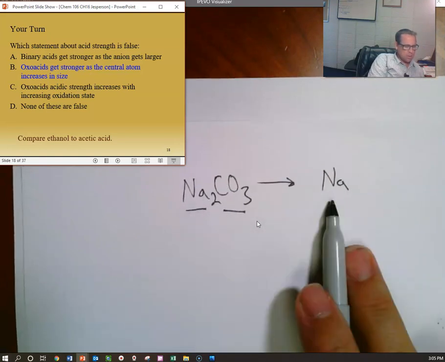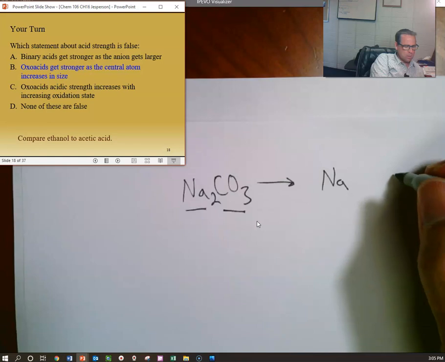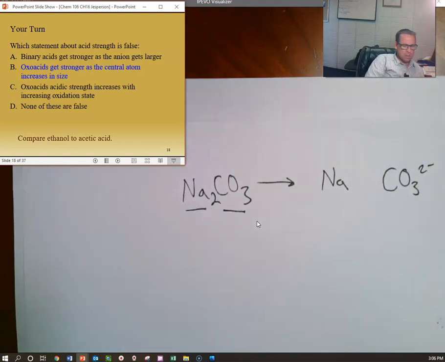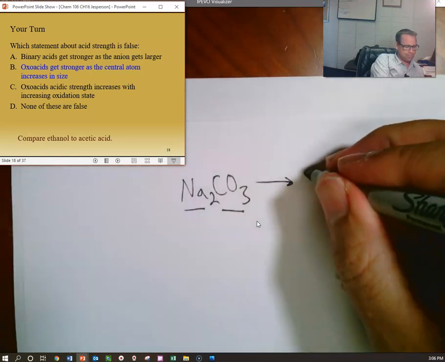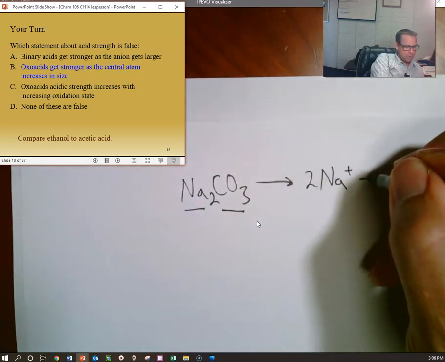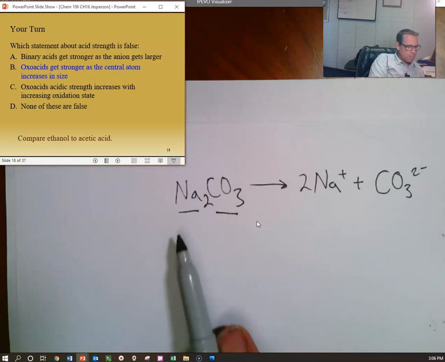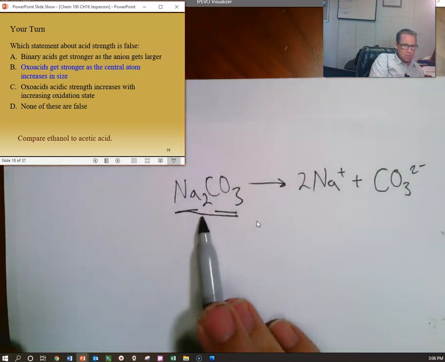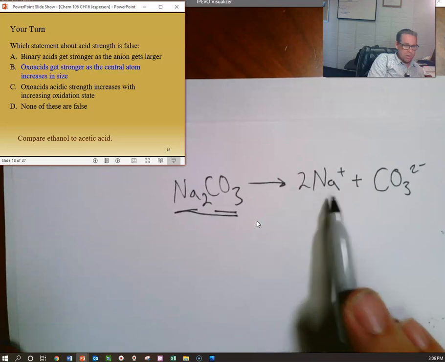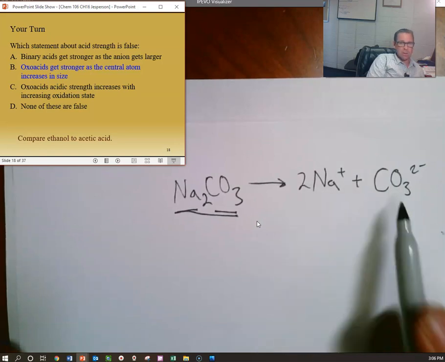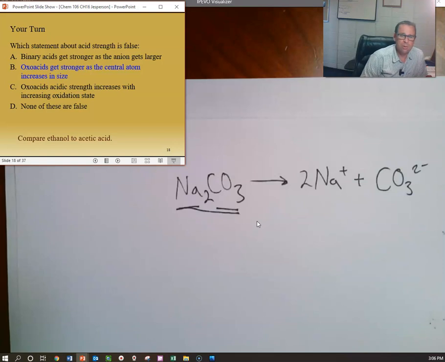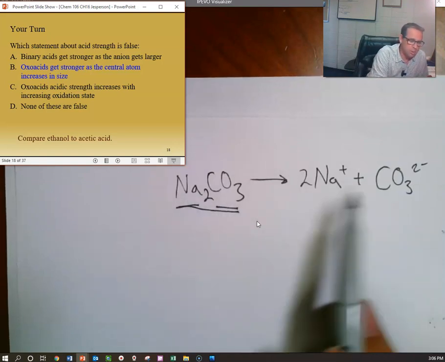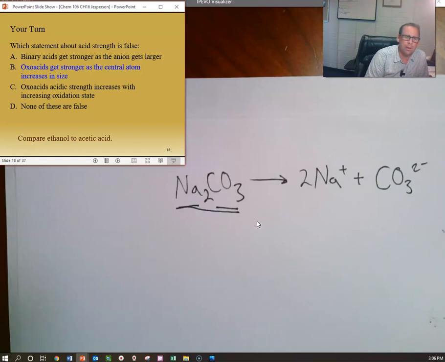And in there is the sodium ion, and the other ion is the CO3 2 minus, is that right? All right. So, when I put Na2CO3 into solution, I'm going to get 2 sodium ions and a carbonate ion. We know that, old stuff. This compound is soluble, we decided. Sodium is always soluble, so that's what's going to result.